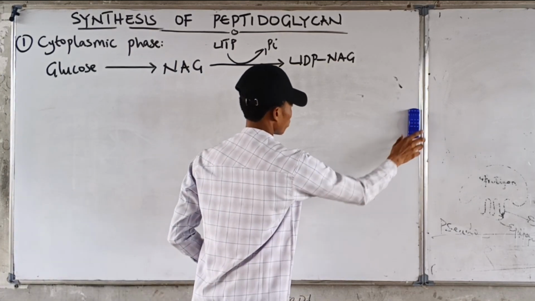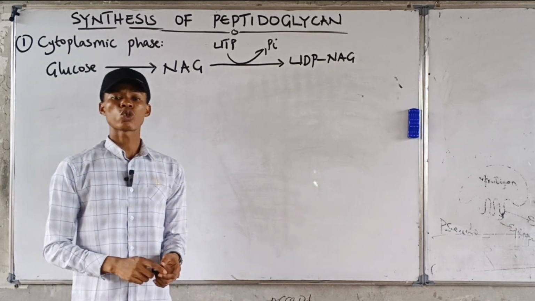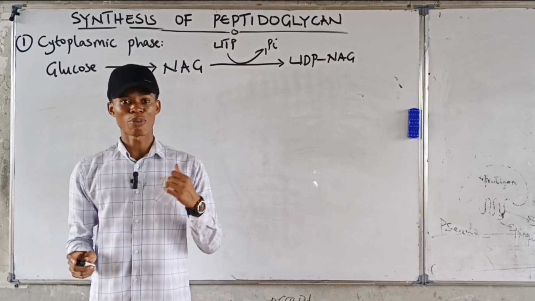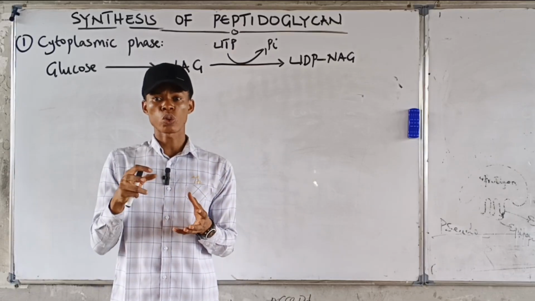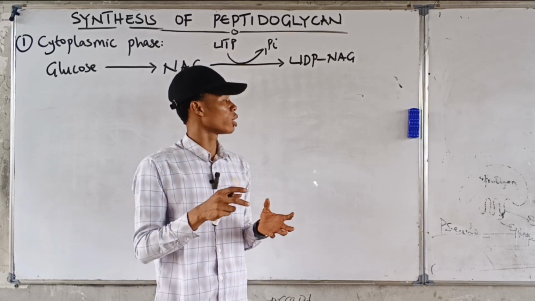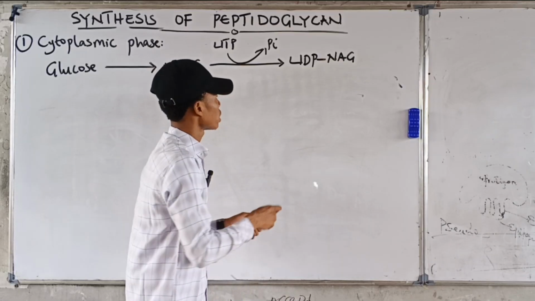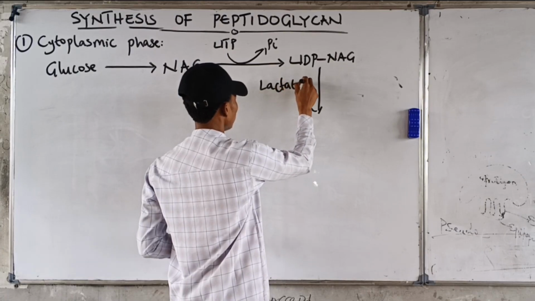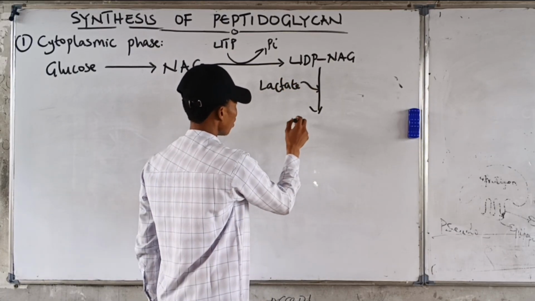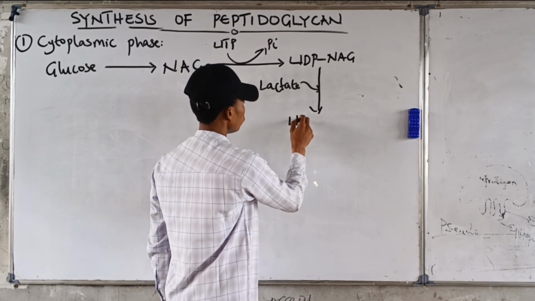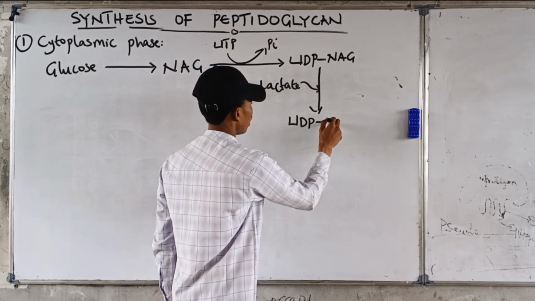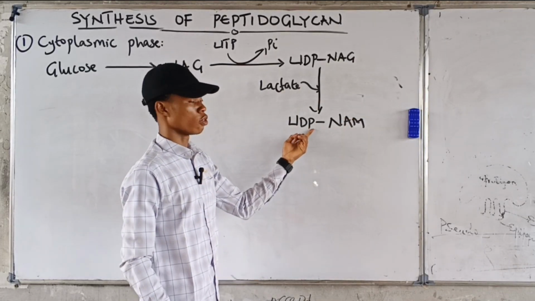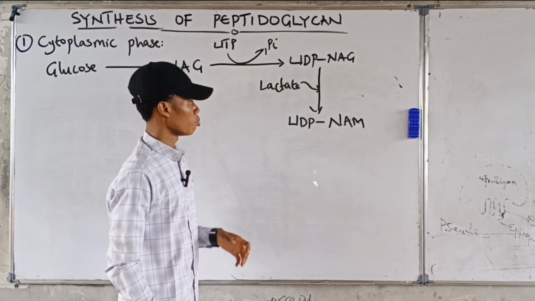Now, the next thing is this. Remember that if you want to synthesize N-acetylmuramic acid from N-acetylglucosamine, from our previous video we said that the only thing you are adding to N-acetylglucosamine to get N-acetylmuramic acid is lactic acid, right? Lactate. So if lactate comes in, we just attach lactate to form UDP N-acetylmuramic acid.